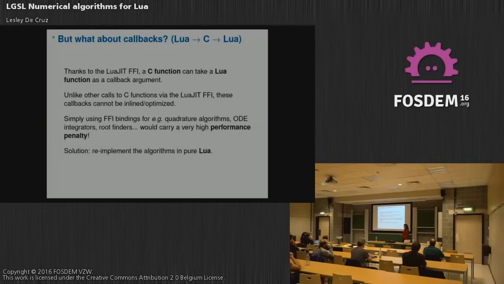Thanks to the LuaJIT FFI, this is possible, thanks to magic and careful planning, I think, according to Mike. But the problem is that these calls cannot be optimized, so they cannot be inlined. If you would naively use the FFI bindings and call quadrature algorithms, ordinary differential equation integrators, everything that calls a function thousands or even millions of times, it would carry a very high performance penalty.